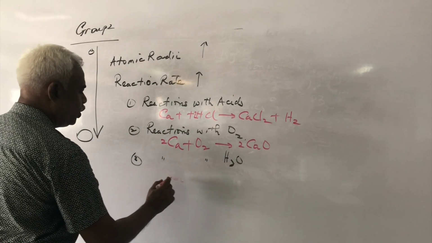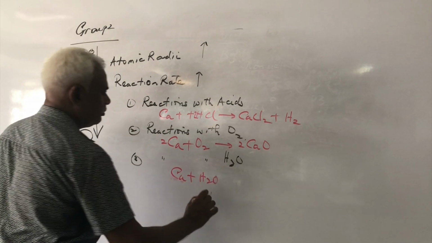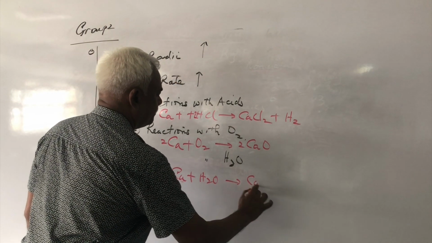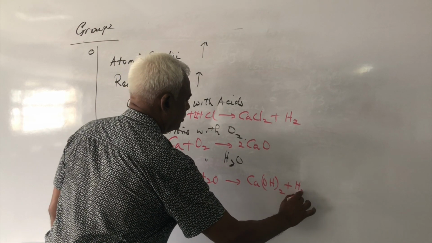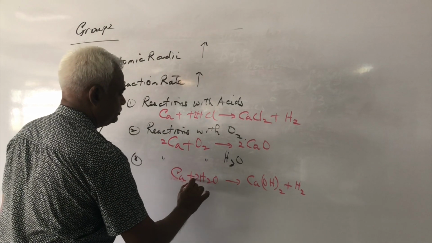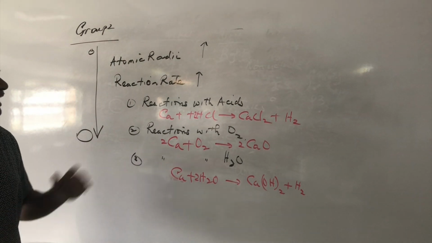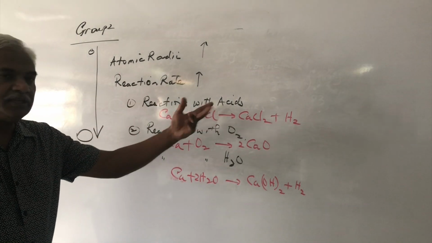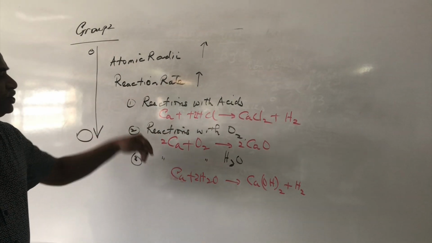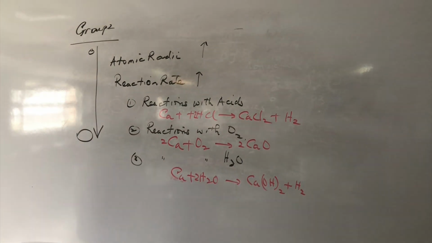Calcium with water. Okay, so there are three things you need to consider with respect to the reactions of group 2 metals, with acids forming the salt and hydrogen, with oxygen forming the oxide, and with water forming the corresponding hydroxide and hydrogen.